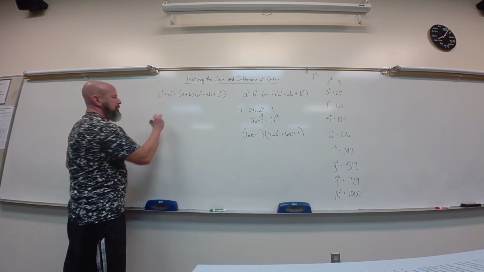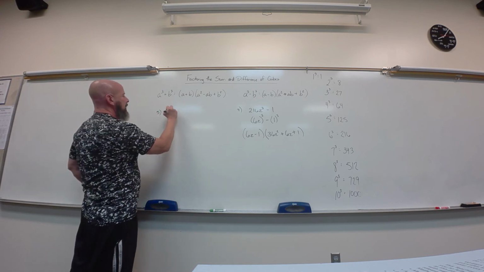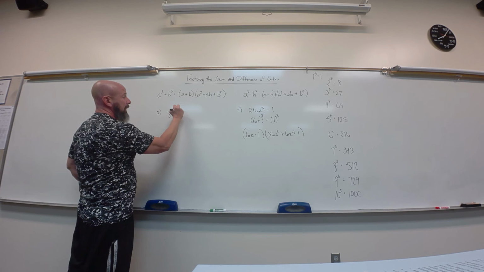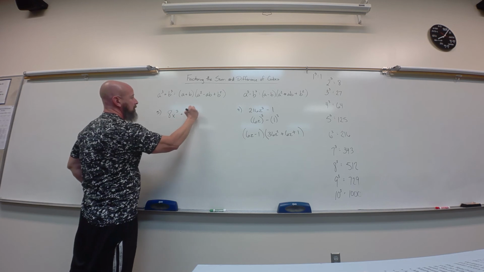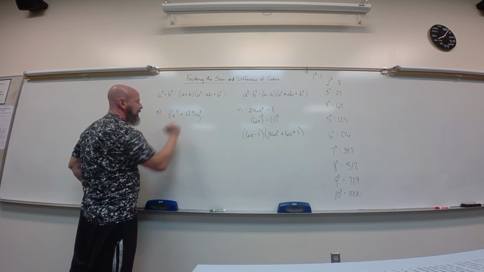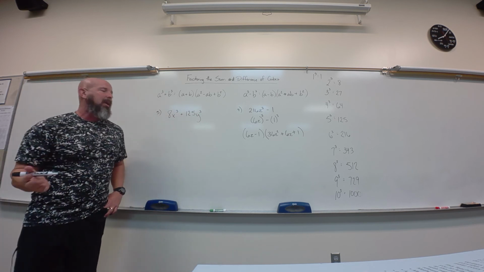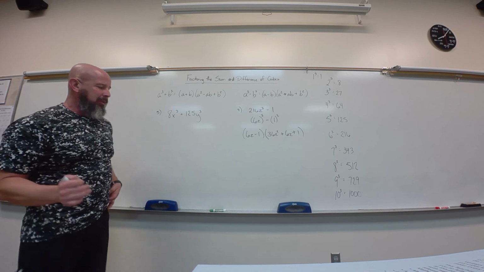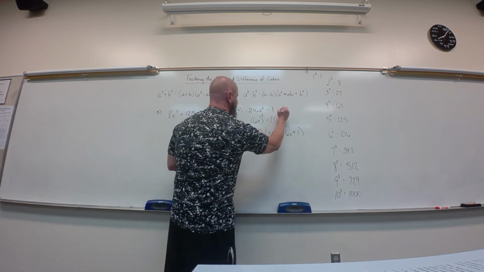How about this one? Let's go 5 here. We'll go 8x cubed plus 125y cubed. Okay. So I'm back to a sum of cubes. Again, I need to see what's being cubed. This right here isn't ever necessary.